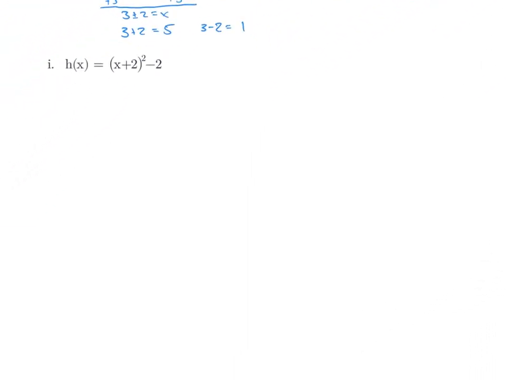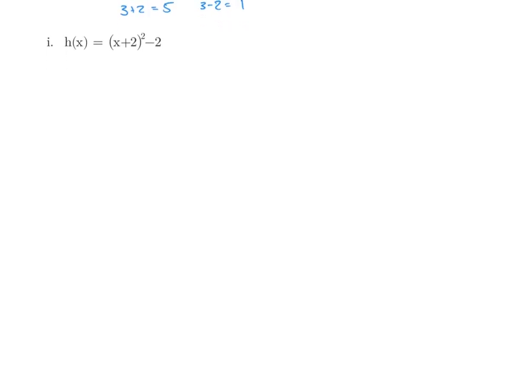If we come down to example I, we're going to go ahead and determine our direction. Since this is positive, this goes up. My vertex, we're going to change the sign of the inside number, so it's going to be -2. We're going to keep the sign of the outside number.